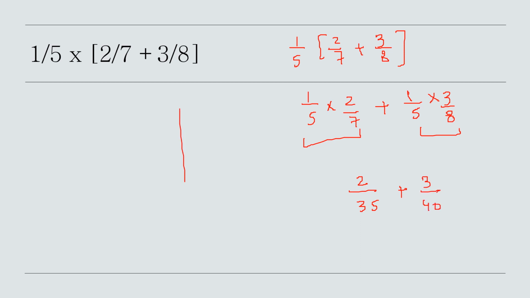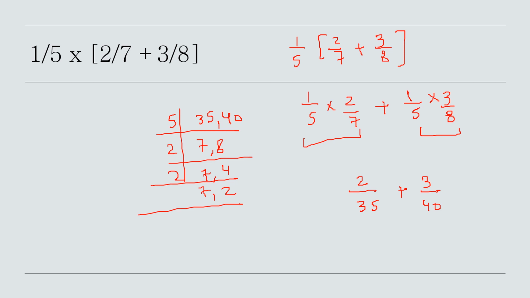Now the LCM of 35 and 40. So 5 7s are 35, 5 8s are 40. 2 4s are 8, 2 2s are 4, 2 1s are 2, 7 1s are 7. What are you left with?